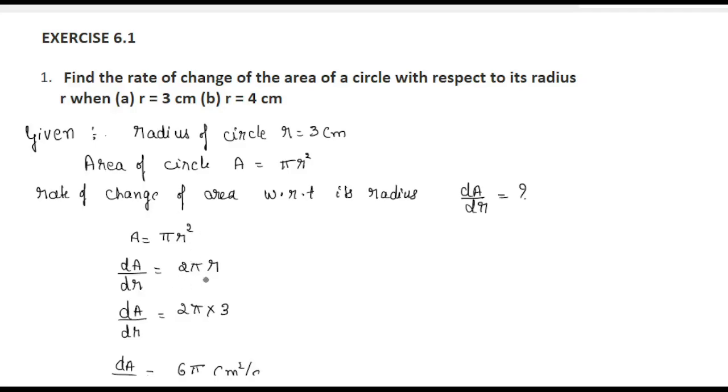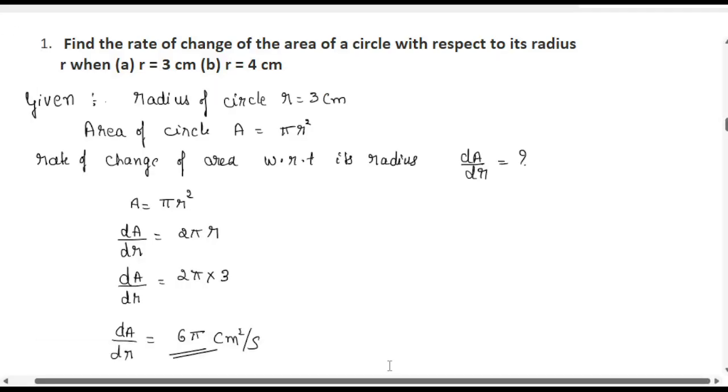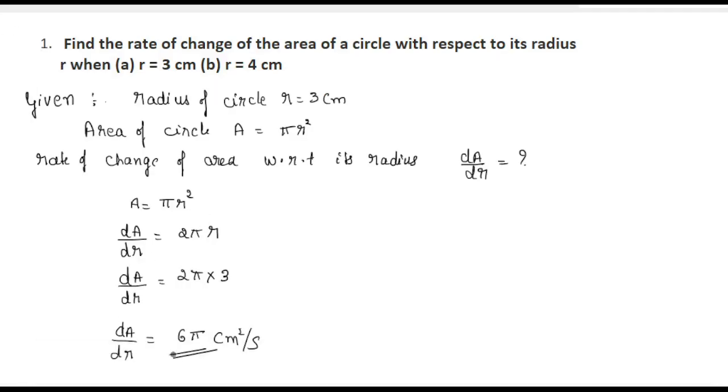So dA by dr equal to 2 pi r. Substituting the value of r, that is r equal to 3 centimeter, we get dA by dr equal to 2 pi into 3, that is 3 into 2, 6. That is 6 pi centimeter square per second.